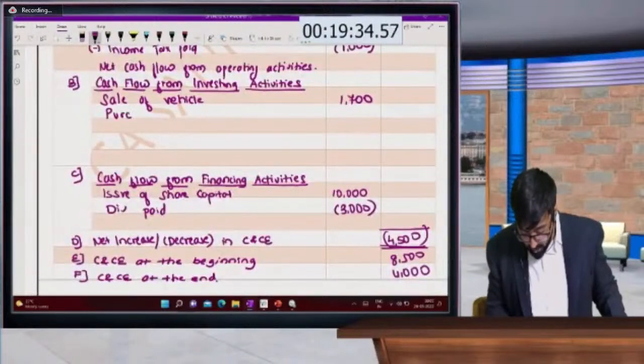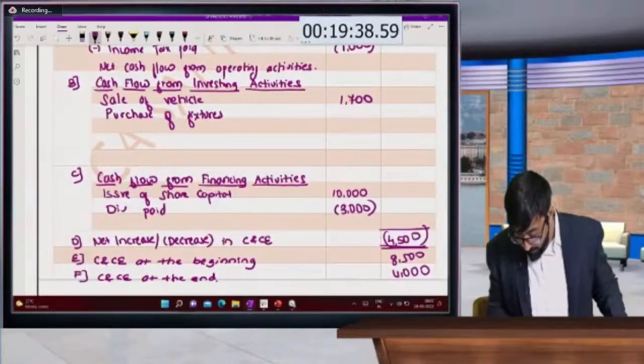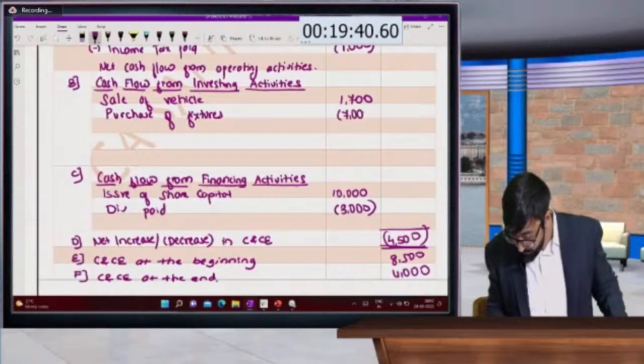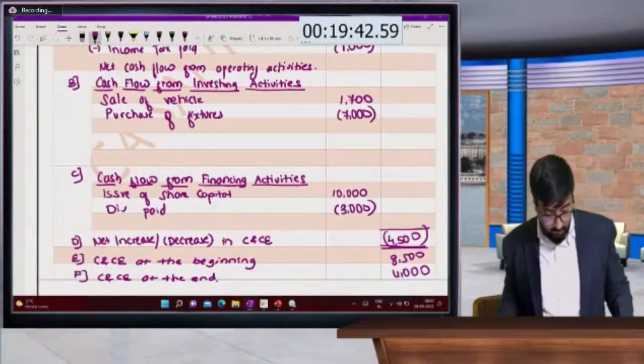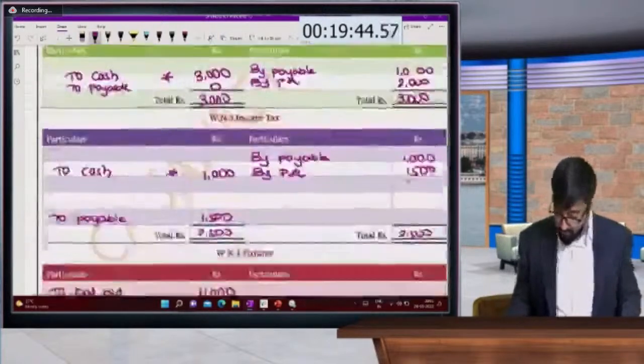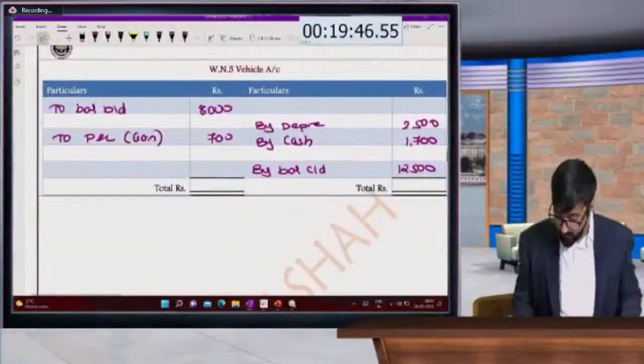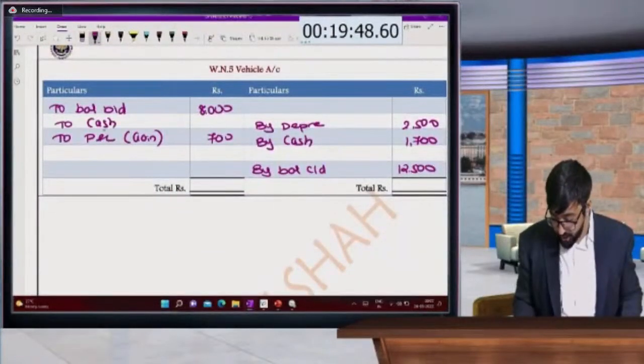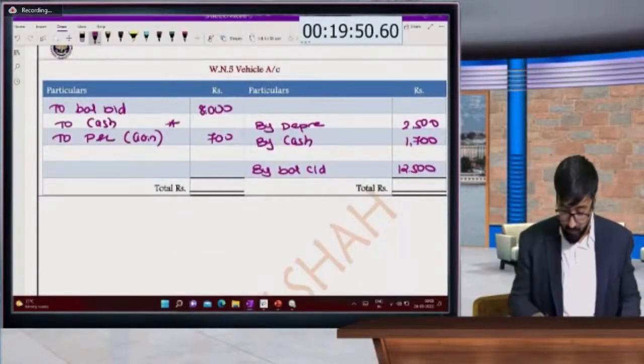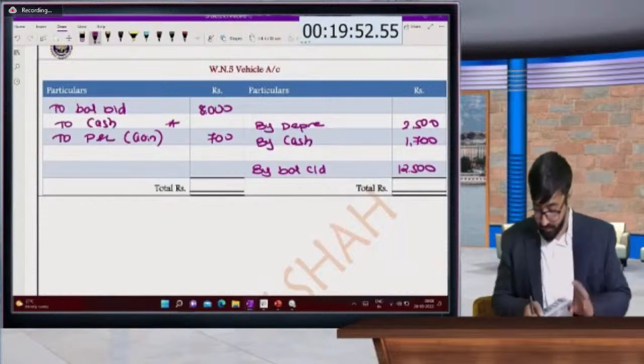Purchase of fixture negative 7,000. And last one, vehicle to cash. What is the balancing figure?